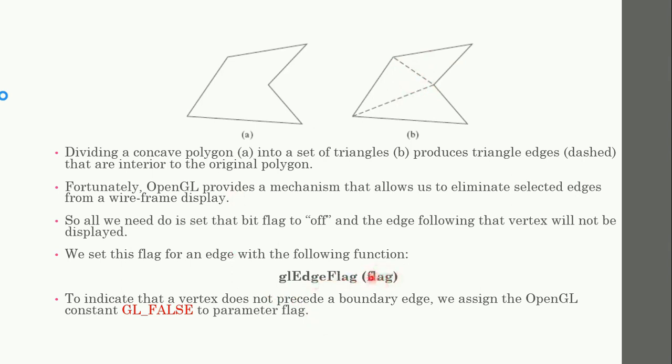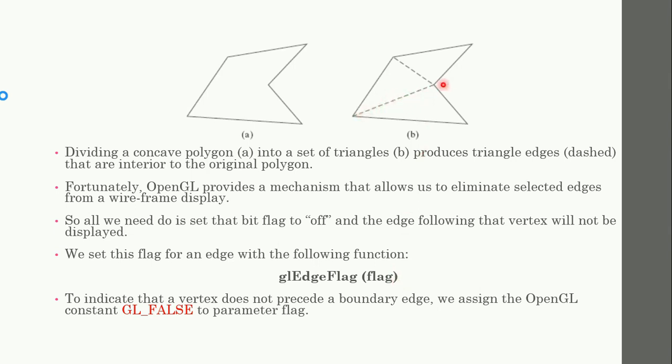In the parameter you have to write GL_FALSE or GL_TRUE. Suppose for the concave polygon, you have constructed a triangle here. This triangle has an outer edge, however, that you need. Suppose you want to eliminate an edge, then you have to set the flag as GL_FALSE. That means the edge will be off.